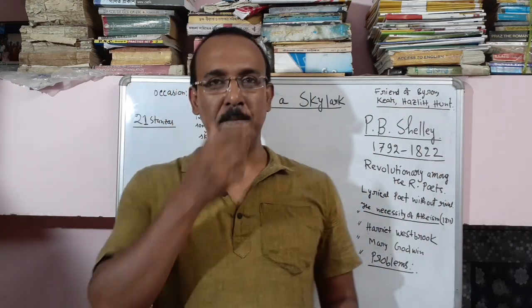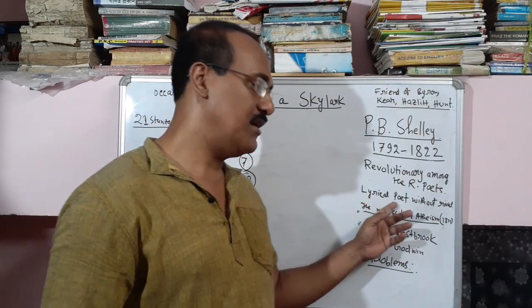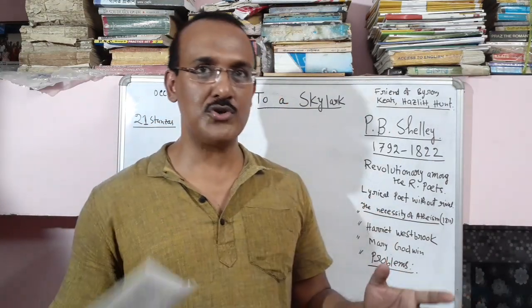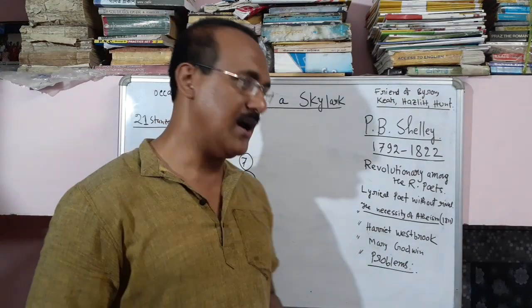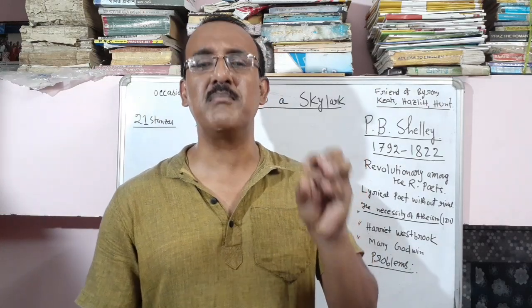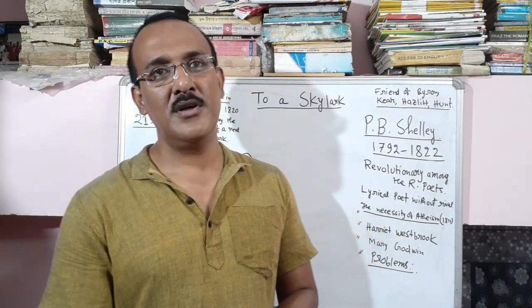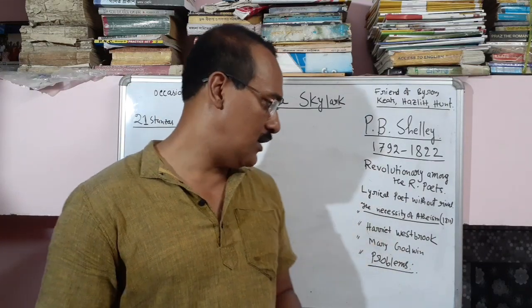Okay, so what are the chief characteristics or qualities of P.B. Shelley as a poet? P.B. Shelley is the most important lyrical poet among the romantics, and if we throw some light on his life, his life is full of ups and downs.